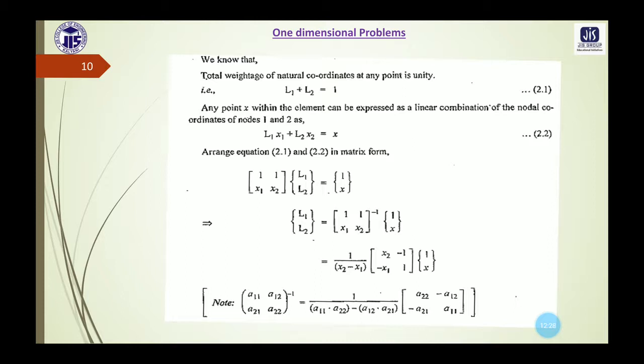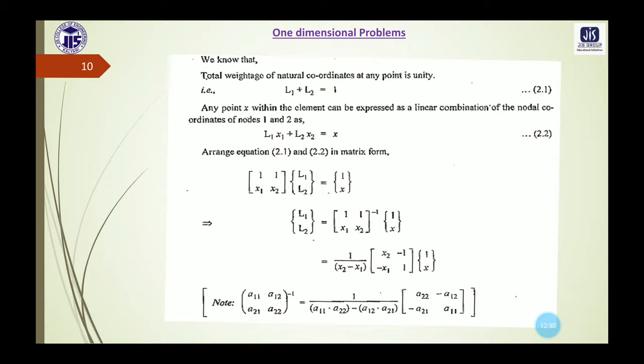Now if we arrange equations 2.1 and 2.2 in matrix form, then we can write the matrix [1 1; x1 x2] multiplied by [L1; L2] equals [1; x] in vector form.